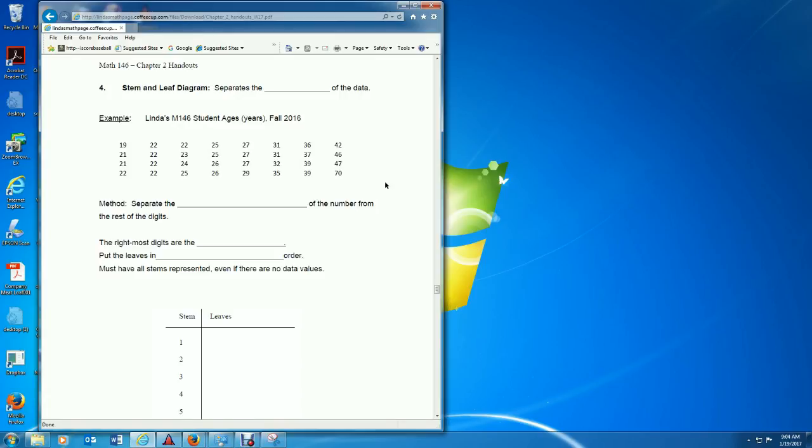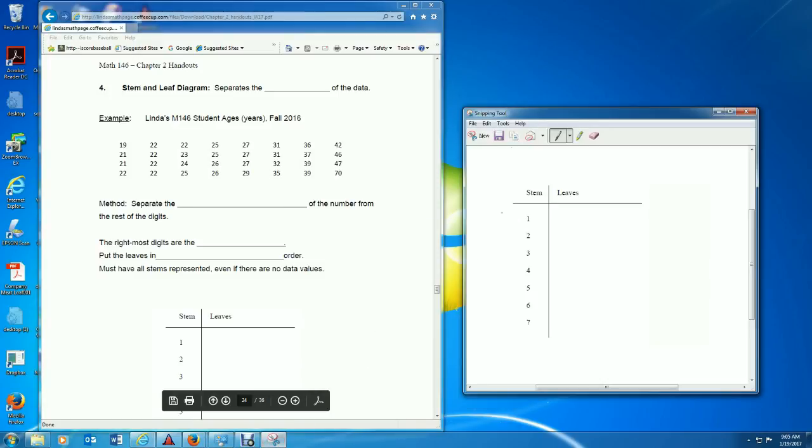The method we are going to use is to separate the rightmost digit of the number from the rest of the digits. The rightmost digits are called the leaves, and the left digits in this case are called the stems. And when we make the plot, we are going to put the leaves in ascending order, in other words, from smallest to biggest.